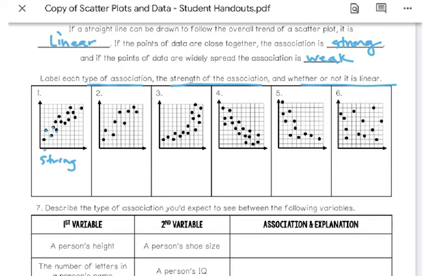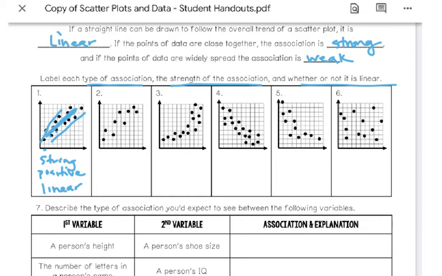So as we go this direction, it's getting higher, right? And same thing here. So we would call that a positive association as they're both increasing. And we would also consider it linear because it forms a linear relationship. It just looks like we could draw a line down the center of that data.